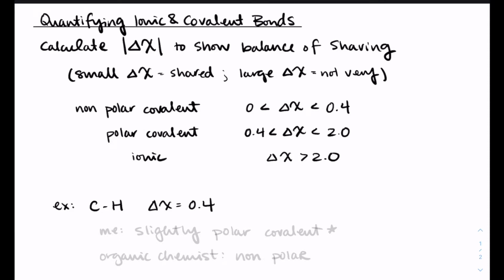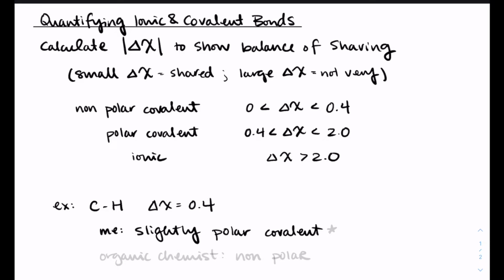Now, you do not need to know these cutoffs. I just want you to be able to picture in your head if someone talks about a non-polar covalent bond, what that means in terms of a small difference in electronegativity versus a polar covalent bond, what the electronegativity difference might be for that bond.